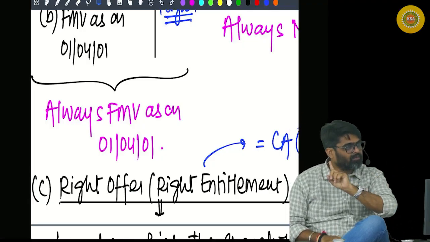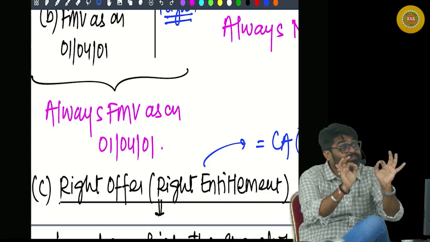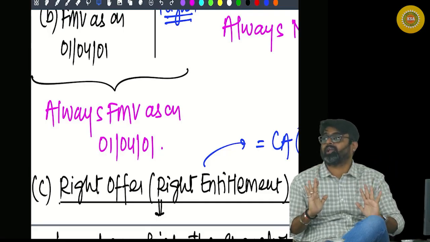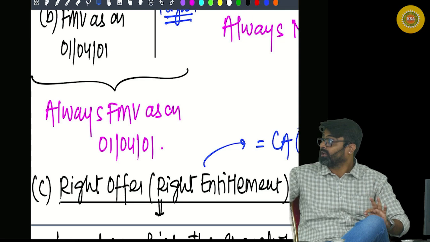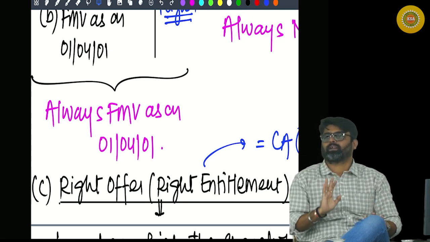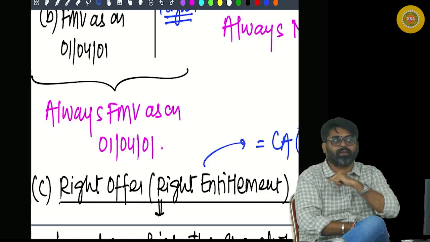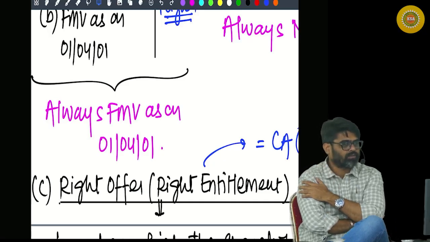No. This right will be given for some very limited days. Within those days, you are supposed to exercise the right and buy the right shares. If you don't exercise the right within those days, what will happen? The right will lapse.